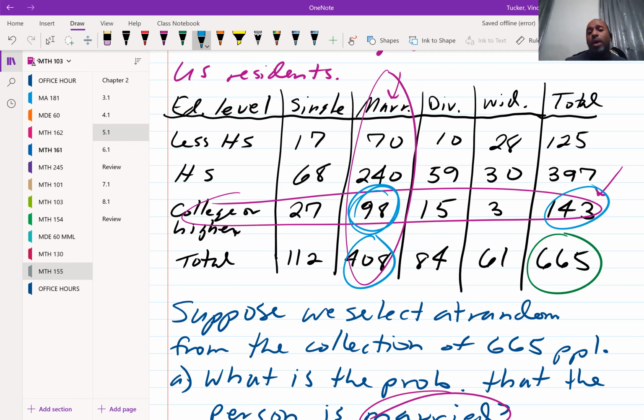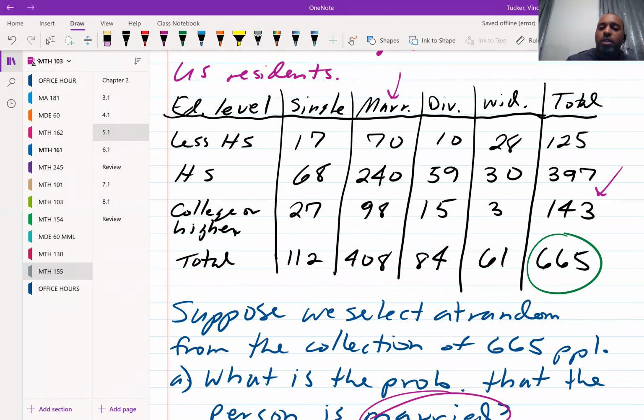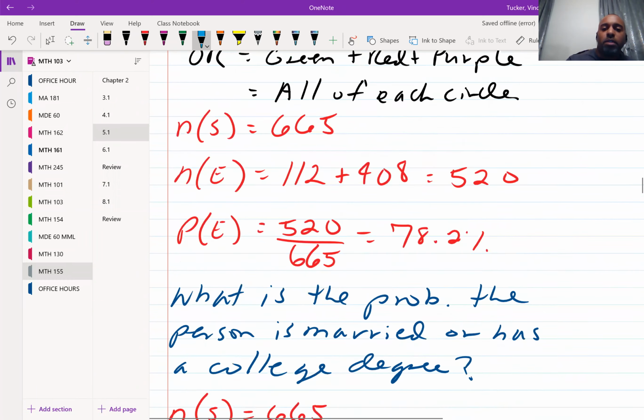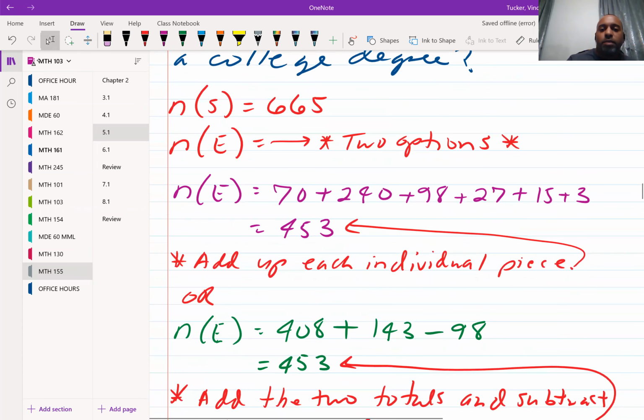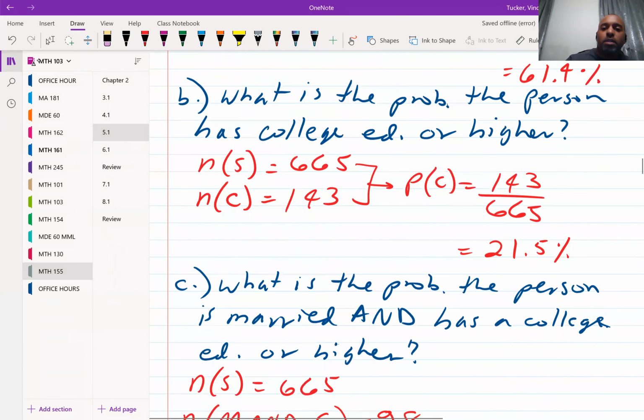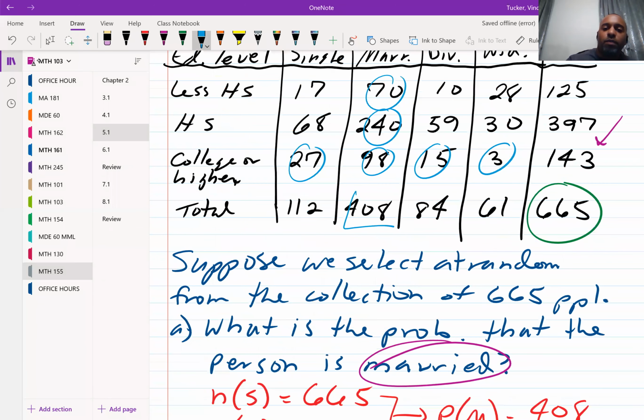So you have one or two ways you can do it. Either you can just add up your pieces, not the totals, just add up your pieces, which is what I did here. And I'm gonna go to the notes. That's what I did here, just added up the pieces. Or you can add up your totals, which is 408 and 143, and then subtract 98 from it.